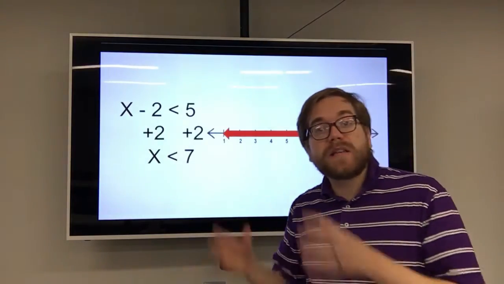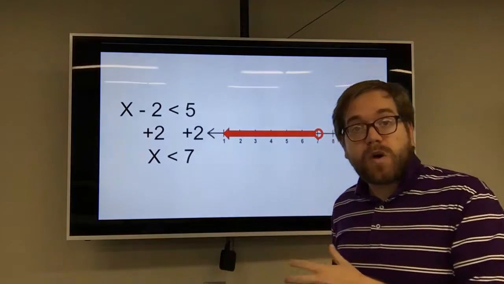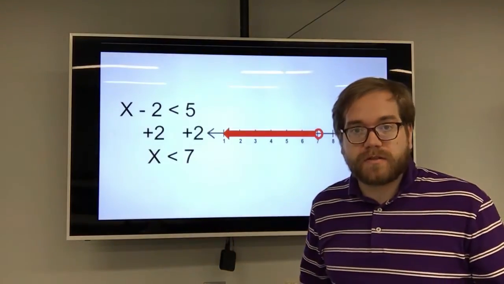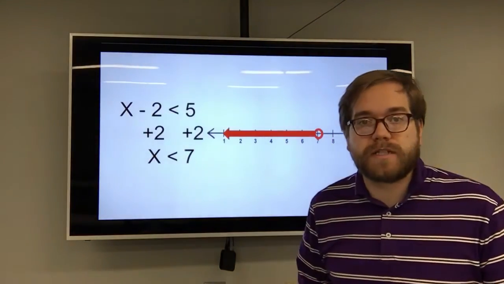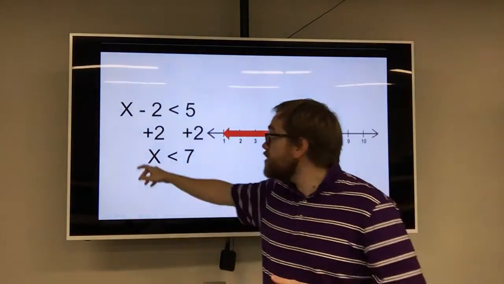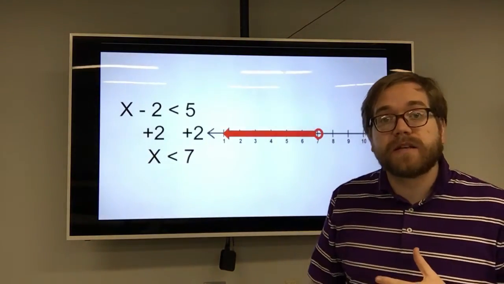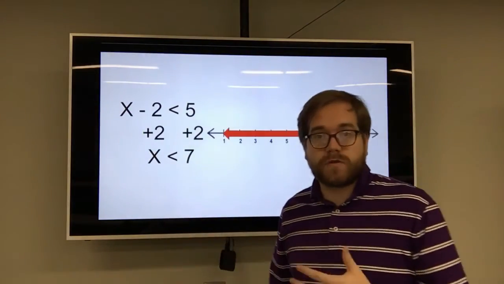Now the thing that makes inequalities very different from equations is that the inequality can have a whole range of answers. An equation just had one, x equals 13. This one will have a whole bunch of answers, a whole bunch of possible numbers that could go into x or go in the place of x to make this inequality true.